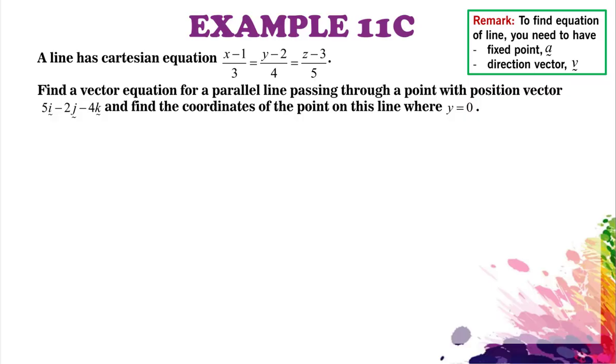So based on the information given, we have the position vector. Let's say the line that already has an equation is L1, and you have to find L2 now. So put the position vector on the line.